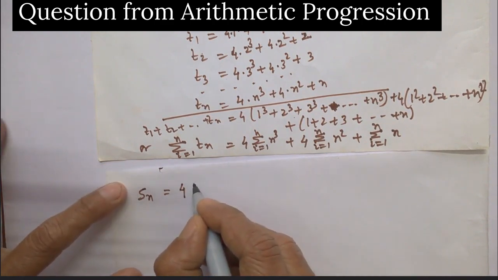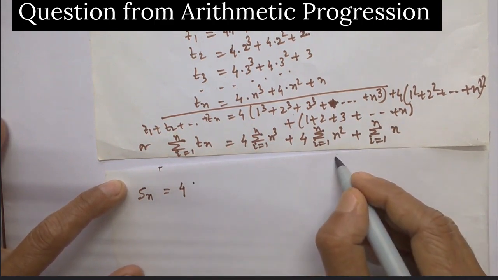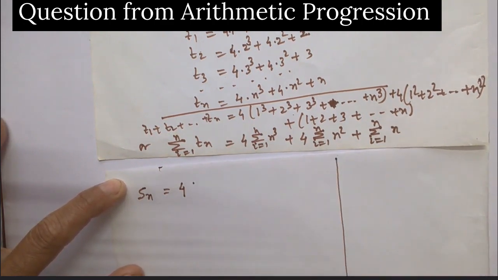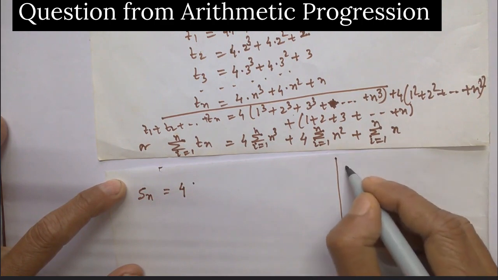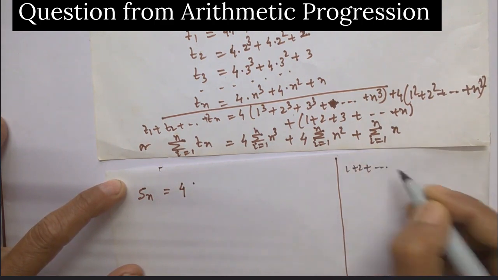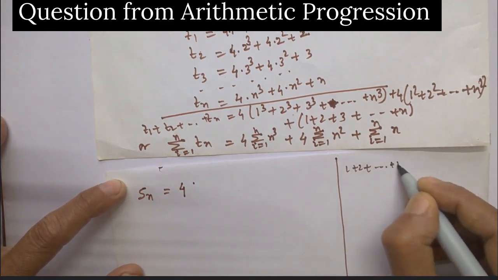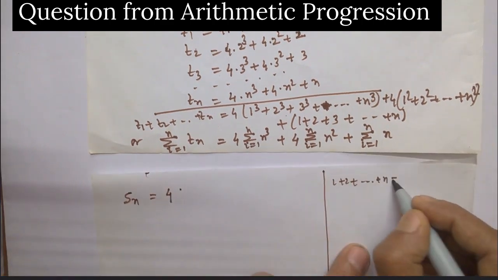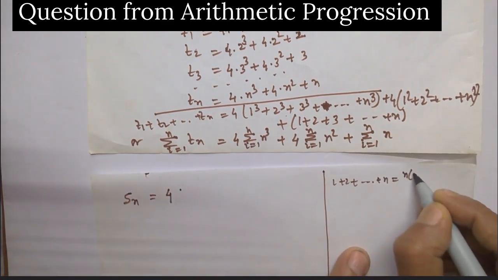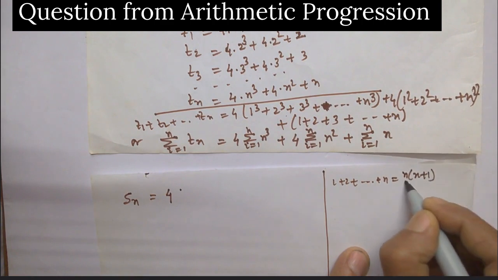Here we need to know some formulas. We know 1 plus 2 plus up to n, the formula of the AP series, is n into (n plus 1) by 2.